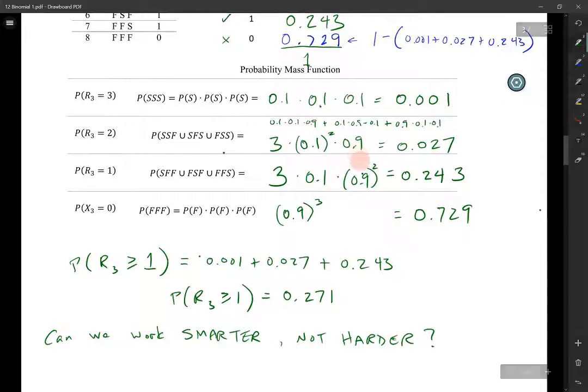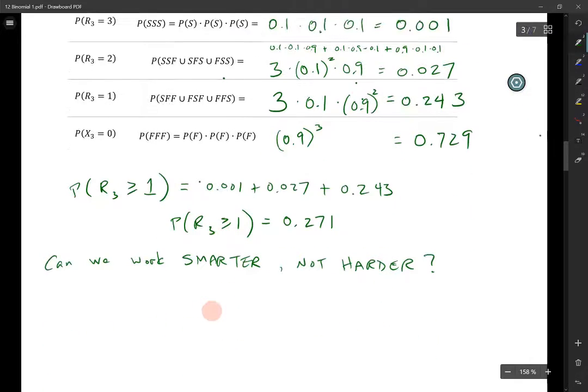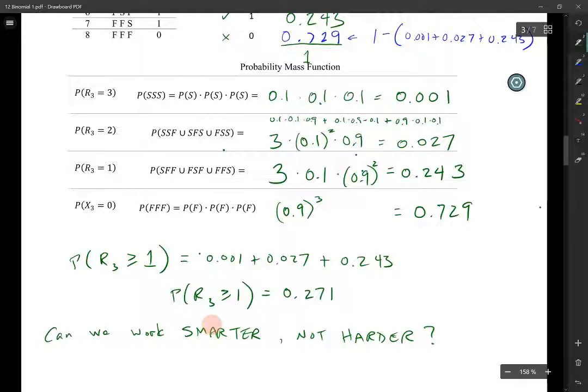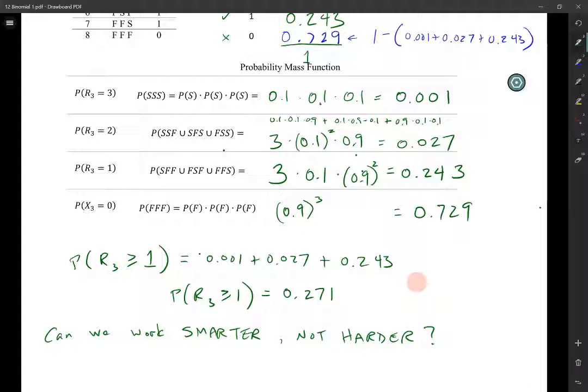And so, well, you might ask about what's the complement. Anytime you find yourself adding up a lot of probabilities, you might say, is there a way that the opposite way, if I go the back door, could that be a shortcut?